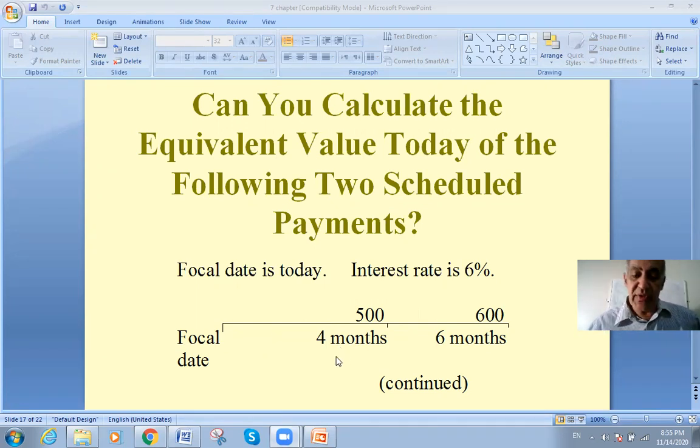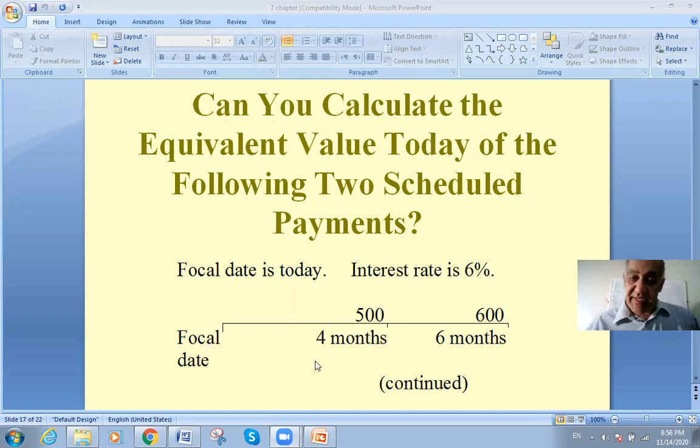You borrowed two amounts of money. One of them is $500 after 4 months, and the other is $600 after 6 months. You just want to know what is the value of these amounts right away.